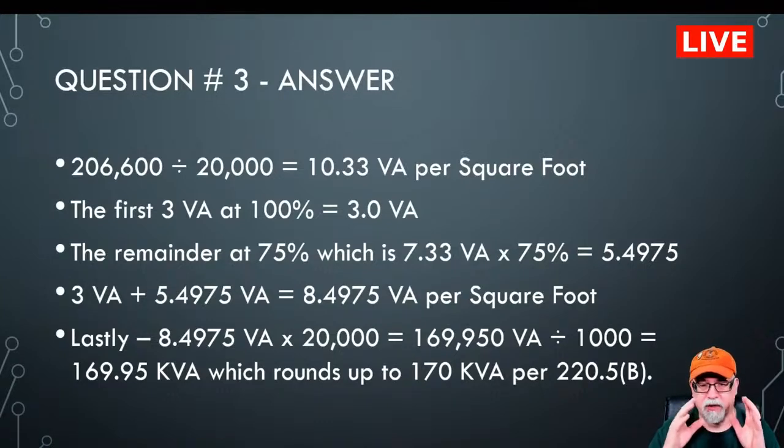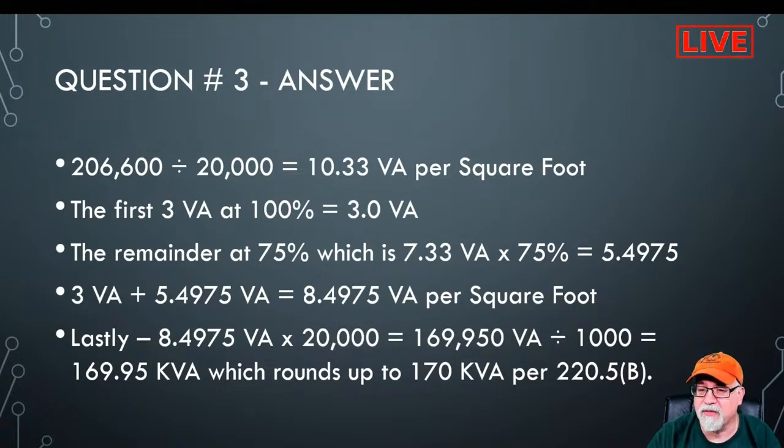Because we have VA, we want to convert it to kVA, and it's 169.95. Now 220.5(B) says that if it's 0.5 or greater, we can round up. So in this case, 169.95 kVA would round to 170 kVA, which is actually 170,000 VA.